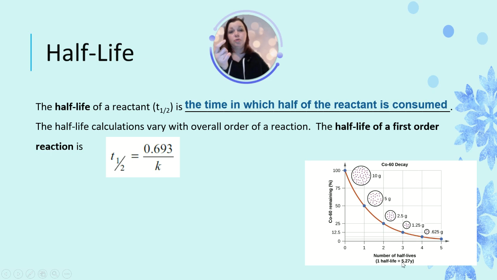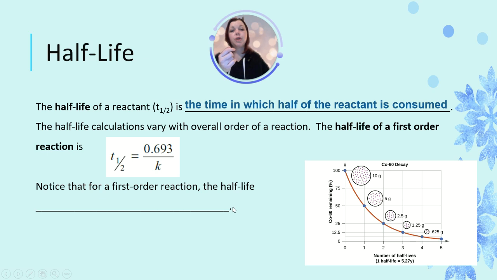And so then you can actually do calculations about how long a species has been decaying or how many half-lives it has gone through if you know the amount of original substance that remains. So notice that for a first order reaction, again, the half-life is constant. So this is really important because this is one way that you can justify if a reaction is first order.